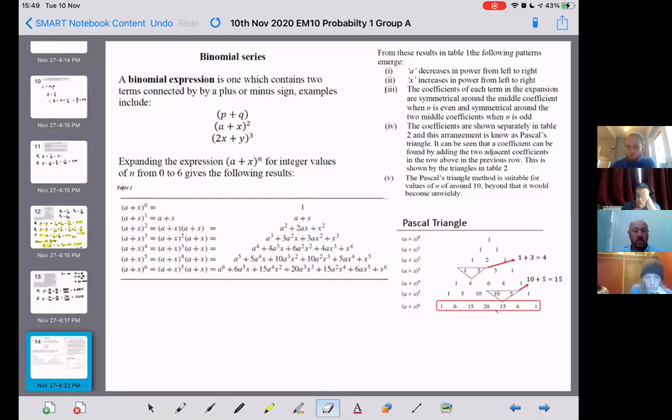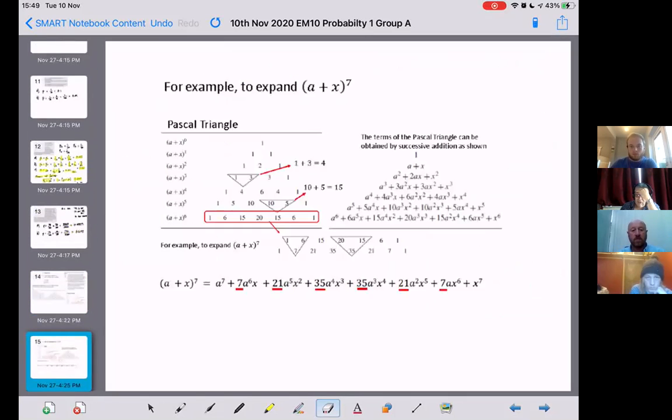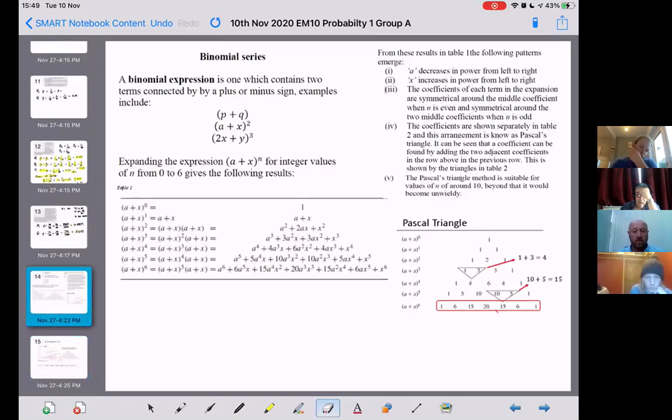Let me see what's on the next slide, because I might have this in a bit more. No, that's okay. If we expand a plus x to the power of 1, we get a plus x. If we expand a plus x all squared, what we're doing is a plus x times a plus x. Remember, everything in one bracket by everything in the other.